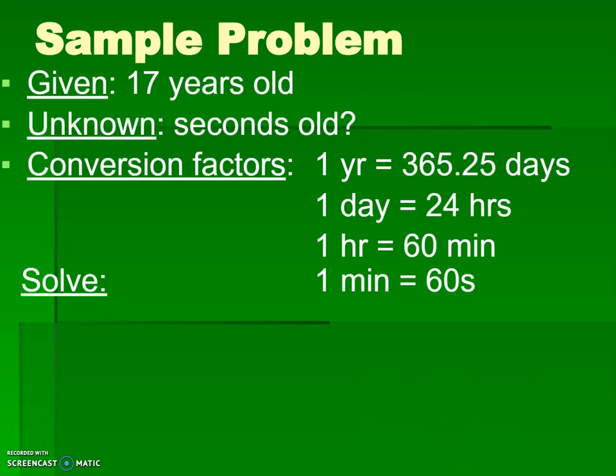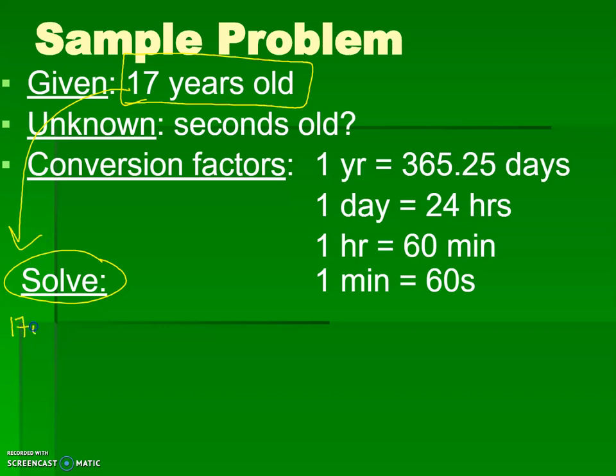When you go to solve, you start with the given. That's where you begin everything. So 17 years. I have 4 conversions, so I'm going to make 4 conversion factors here, 4 fractions.